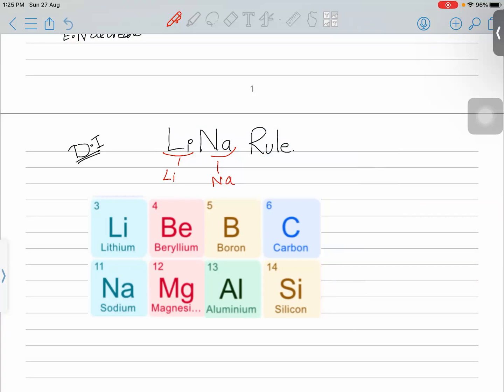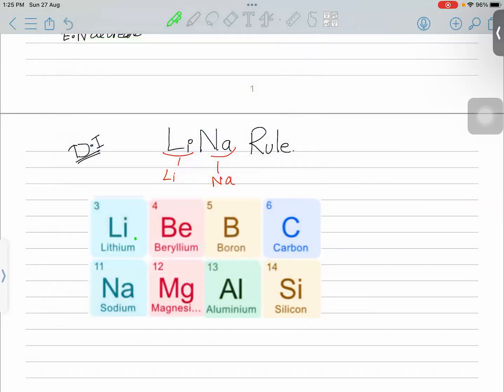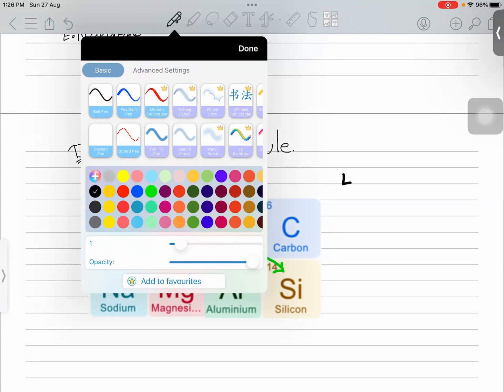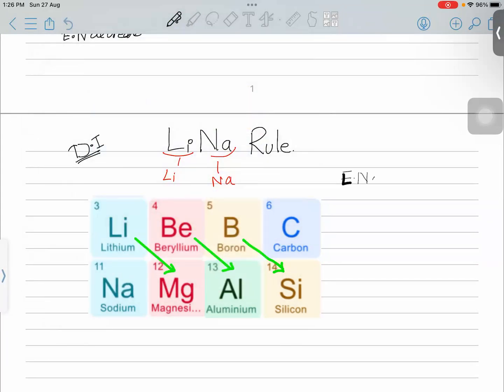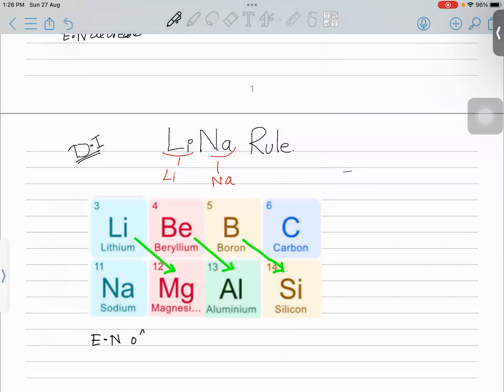Now you have Lena. Now draw a vertical arrow, a tilted arrow. So always remember this DI: the electronegativity of lithium is always equal to the electronegativity of magnesium.